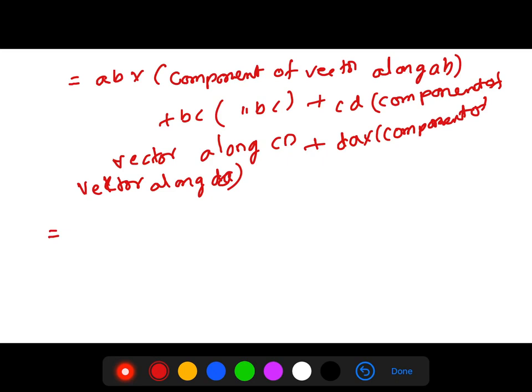So finally we have to add all the components.